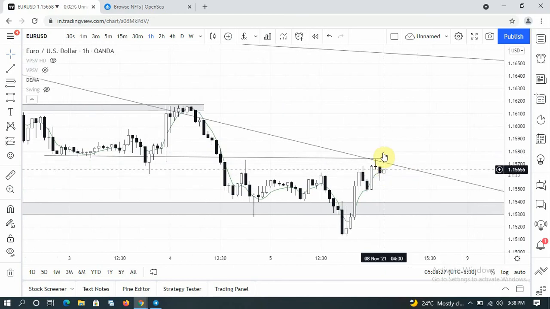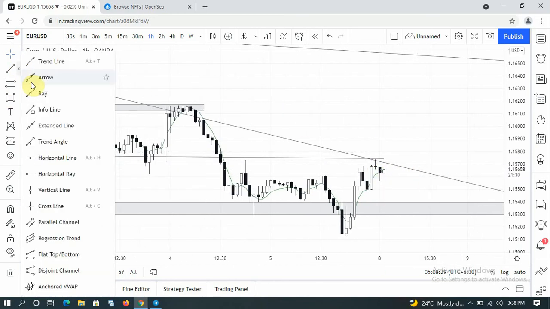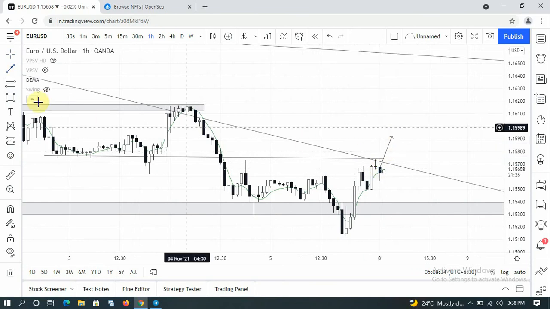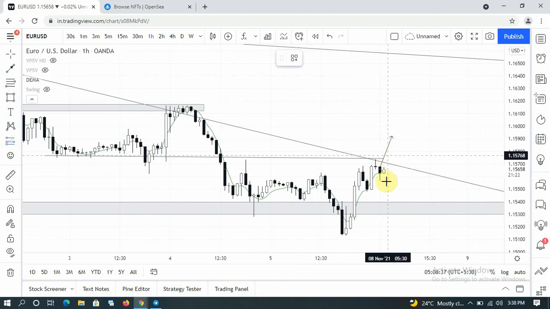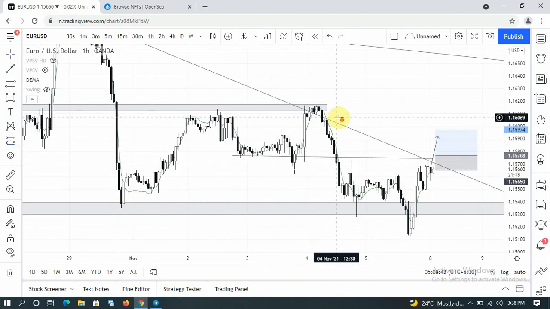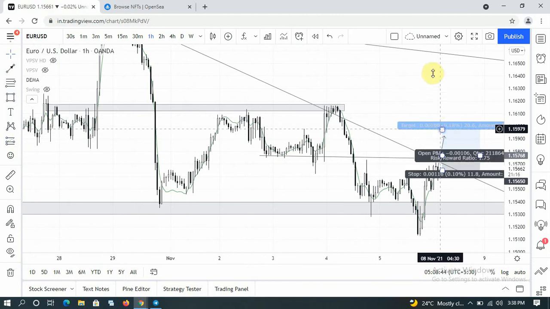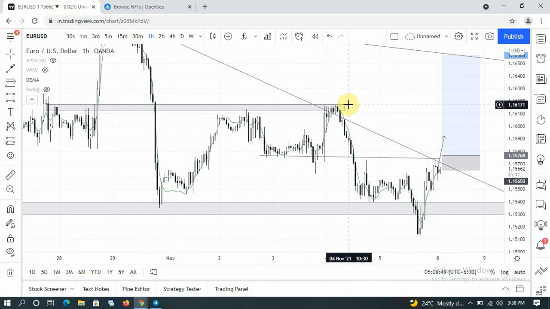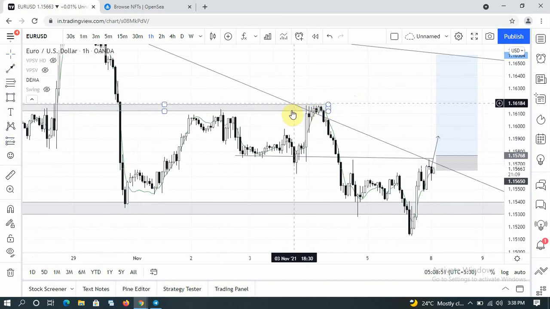So if I could get a breakout of this, I might be looking for some sort of long entry right here. I'll be putting the TP this side, and my TP1 will be right here, which is the previous place we got in, and the previous place we put our first take profit.